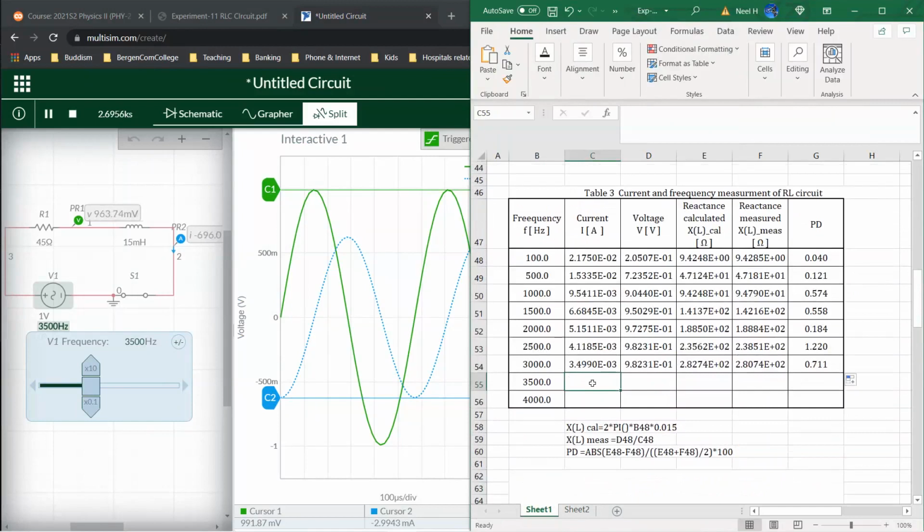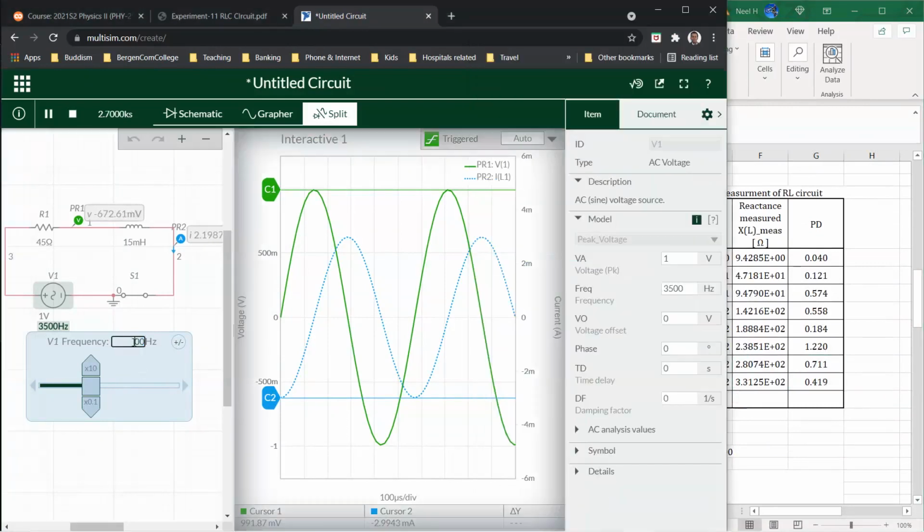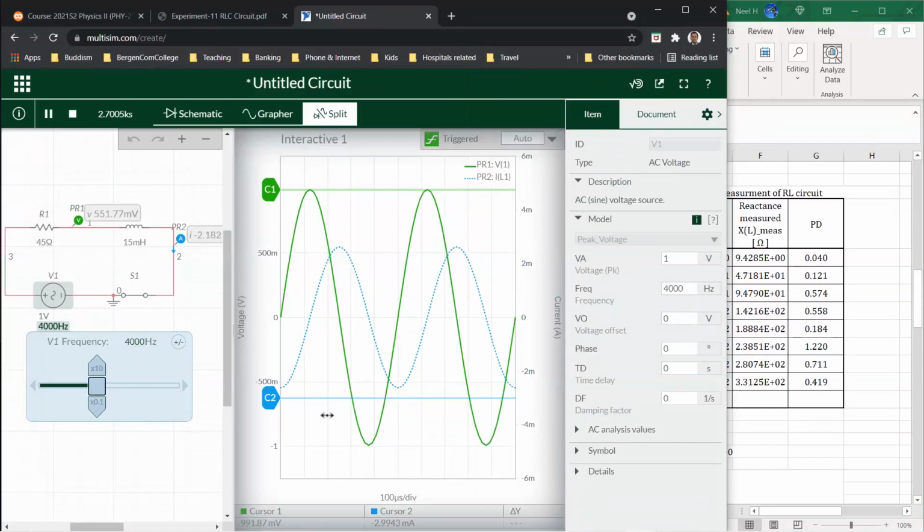At 3500, the current is about 0.0029943. The voltage is about 0.99187. Very slight changes, not much. Okay, we'll do one more data point, maybe 4000.